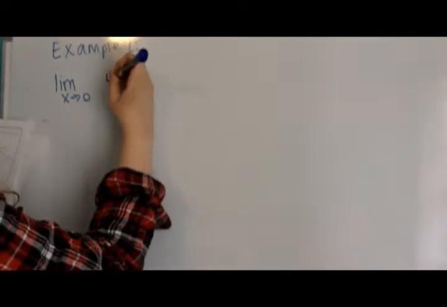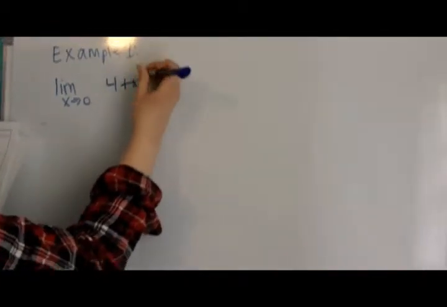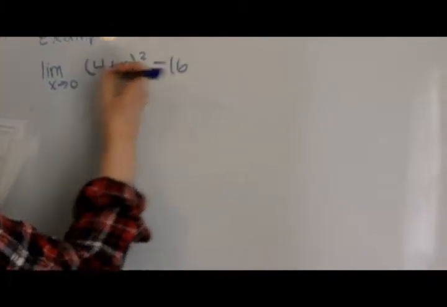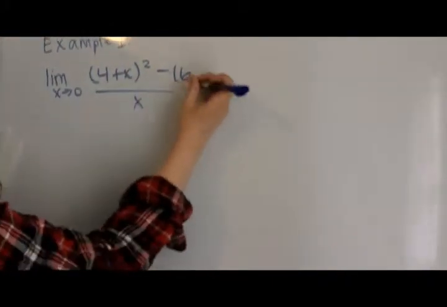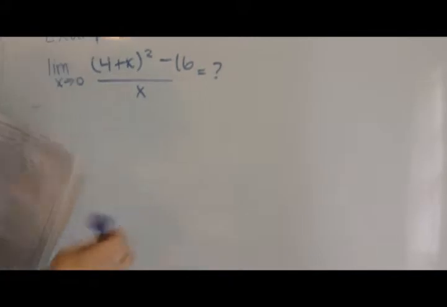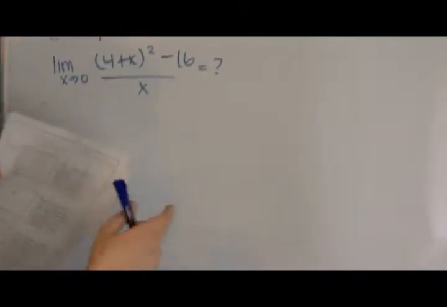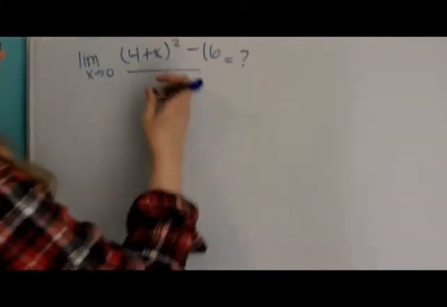So the limit as x goes towards 0 of (4 plus x) quantity squared, minus 16, over x is equal to, so that's what we're going to try to find out. So first you want to simplify it.